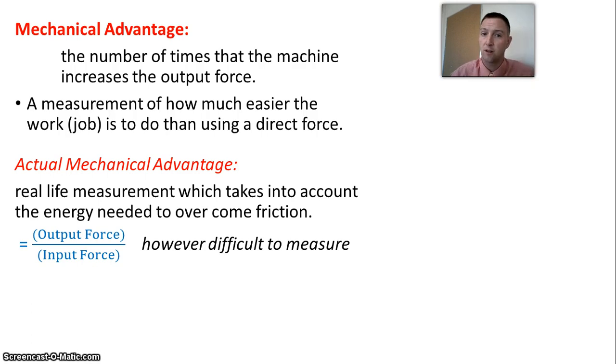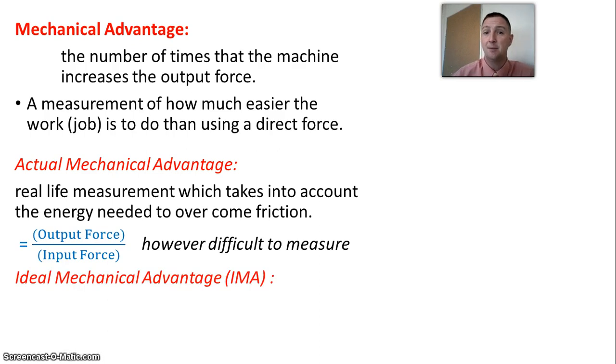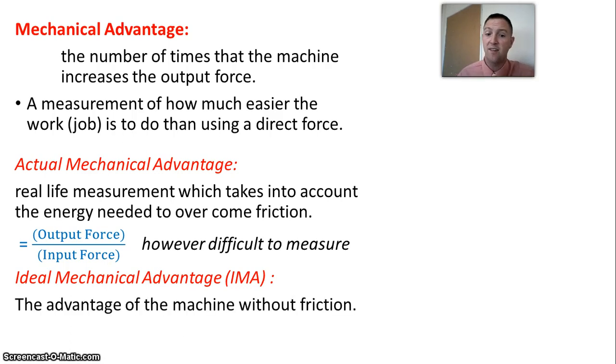So we're going to settle for something a little easier to see, and that's the ideal mechanical advantage. The ideal mechanical advantage, or IMA, you're going to see that abbreviation, is the advantage of the machine without friction. We're going to use really simple machines where the effect of friction should not be that big.